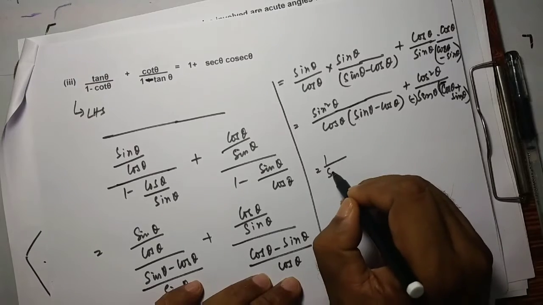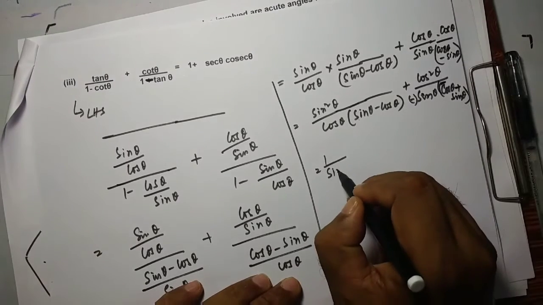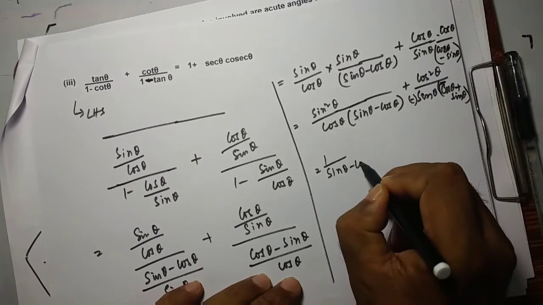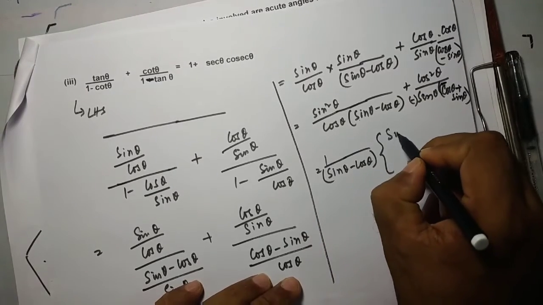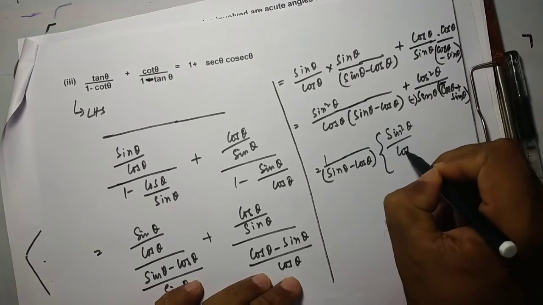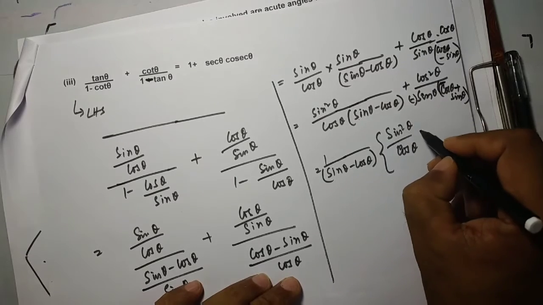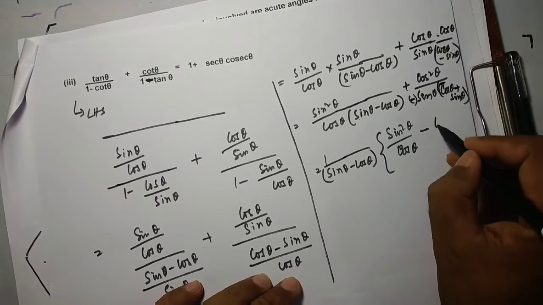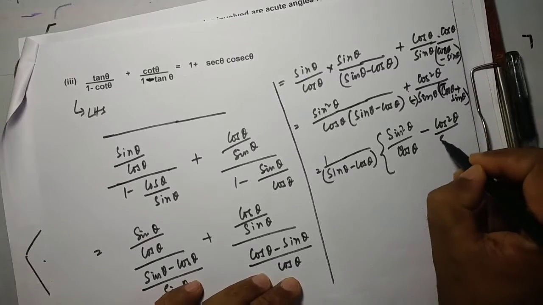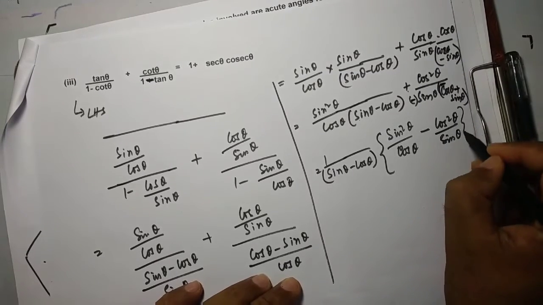What is this? Sin theta minus cos theta, both are now the same, and whole into sin square theta over cos theta minus, this minus is multiplied with this, so this will be minus, then cos square theta over sin theta.